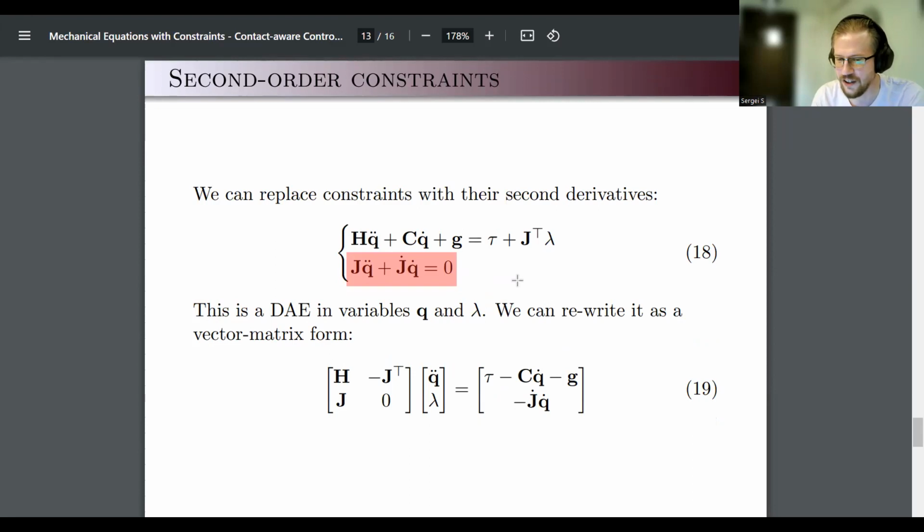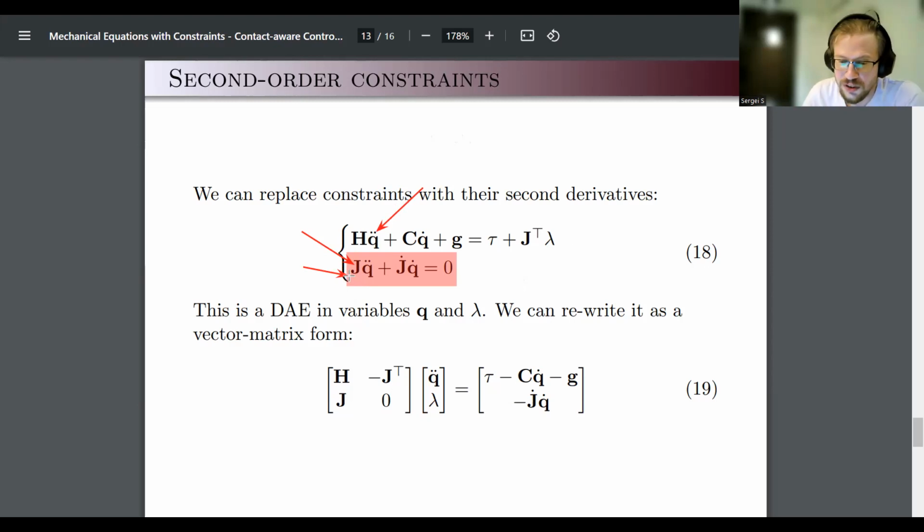The same as in the last lecture, what we want is to differentiate the algebraic part of the differential algebraic equation as much as we can, so that it would acquire derivatives of the same order as the differential part. So we want this part to have q double dots, like here we have q double dots. So we differentiate it twice, and we achieve this.